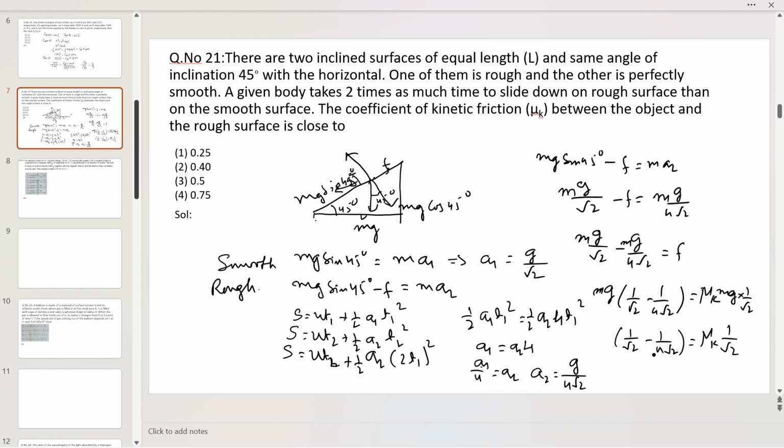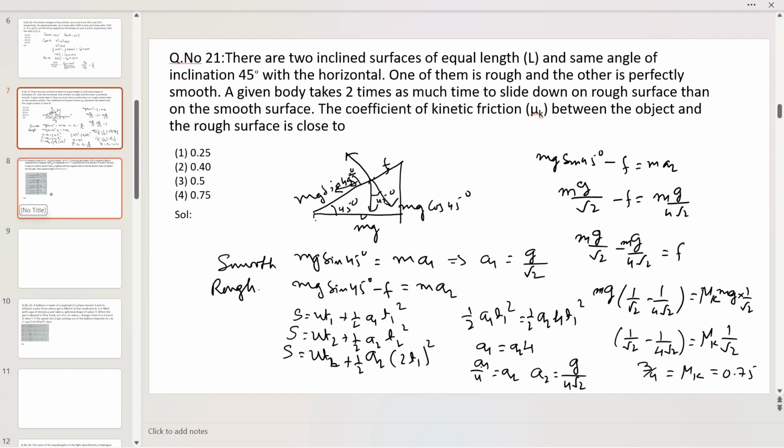Taking 1 by root 2 common, it cancels out, so 1 minus 1 by 4, that is 3 by 4, is equal to mu k, which is 0.75. So option D is the correct option.